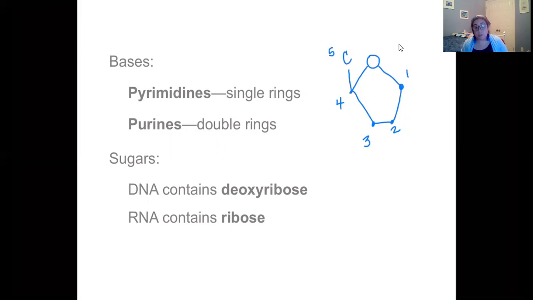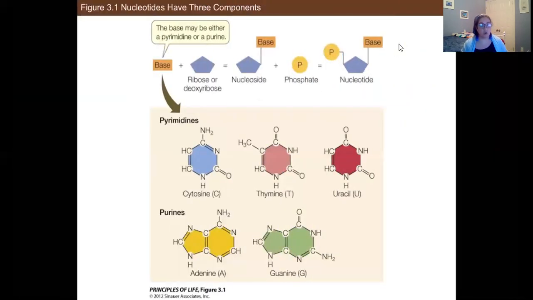The difference between them is the presence of a hydroxyl group at carbon number 2, and that hydroxyl group would create instability in the molecule. As a result of that instability, RNA is going to be less stable. And because that oxygen, that hydroxyl group, is missing in DNA, in that deoxyribose, DNA is much, much more stable. So another great example of how the structure affects function for these molecules.